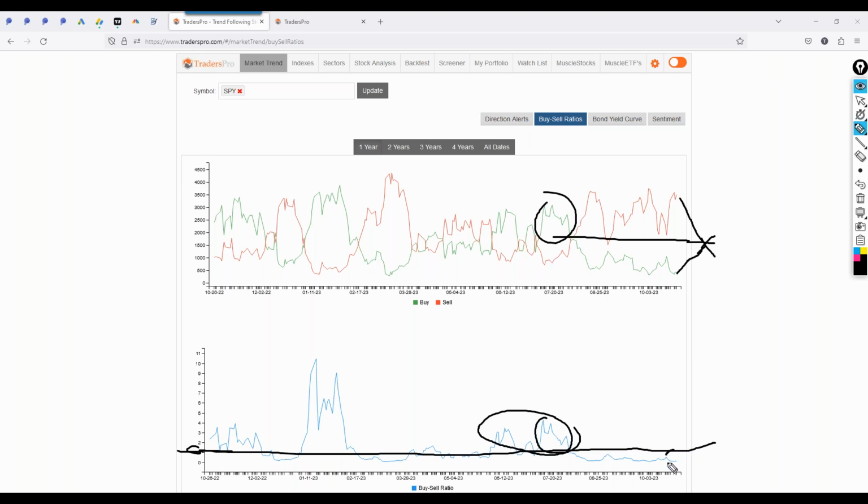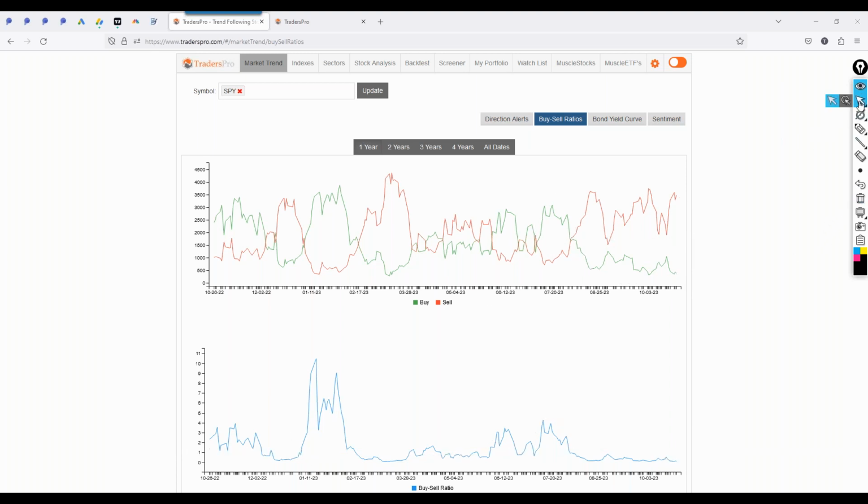Anytime it's less than 1, it looks like this. So this buy sell ratio is going to pop back up above 1. Now, what we could do with that is say, okay, the market now is back in an uptrend, and it's a solid uptrend. And the stocks that are jumping into that new buy list should participate much more strongly.